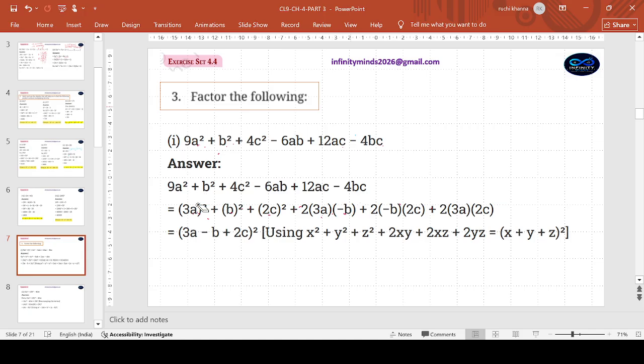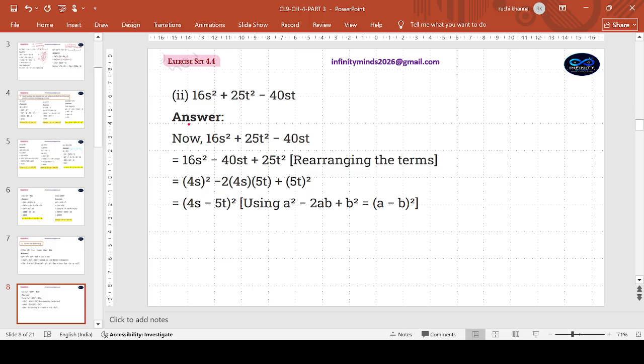And we get very clear 3a minus b. Of course, you can put a minus out here. One can adjust the minus here. So 3a minus b plus 2c whole square.